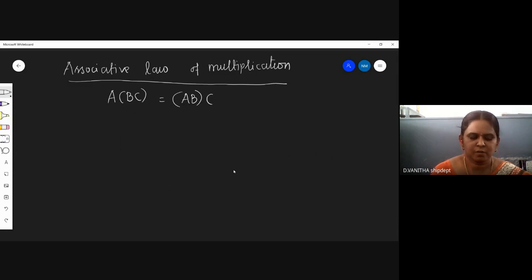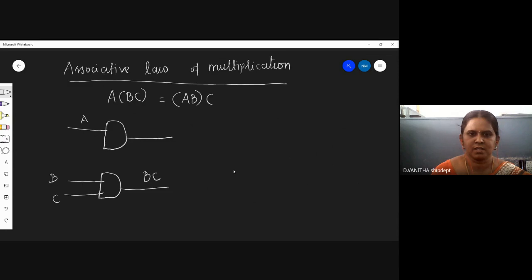So here we want two AND gates. First of all, we draw one AND gate, and another AND gate has to be drawn. From this first one you take A. Next AND gate, here B and C. We are getting the output as BC.